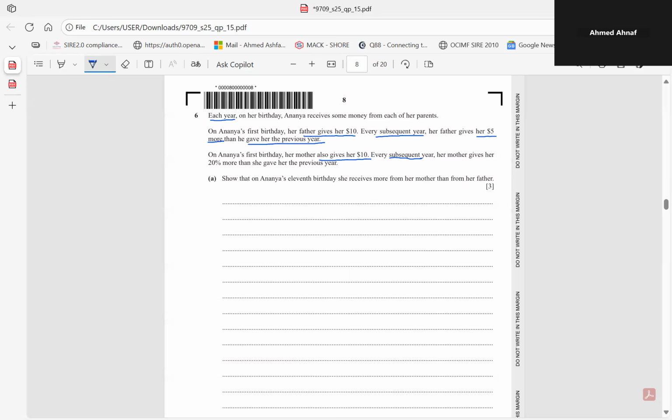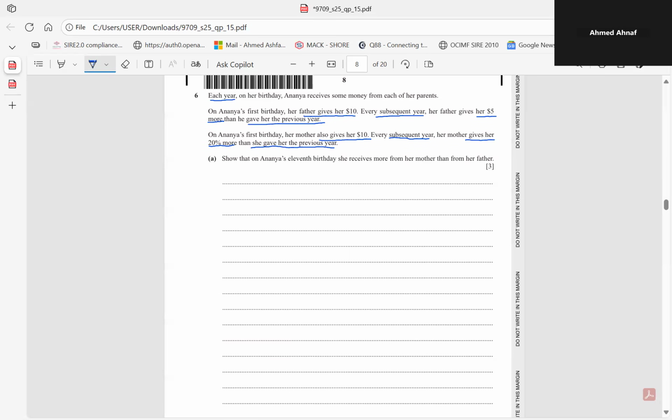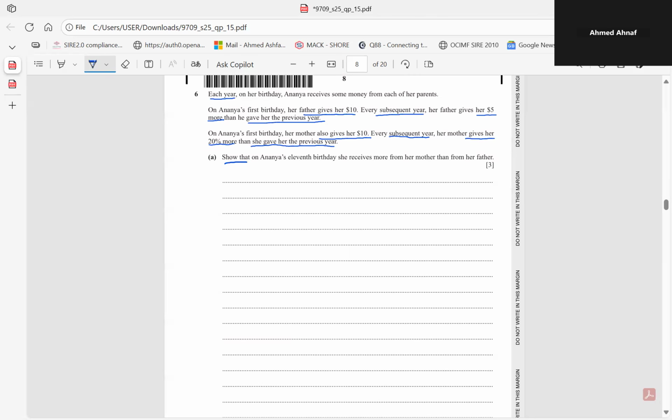And every subsequent year, her mother gives her 20% more than she gave her the previous year. And for the first part, we have to show that on Ananya's 11th birthday, she receives more from her mother than from her father.